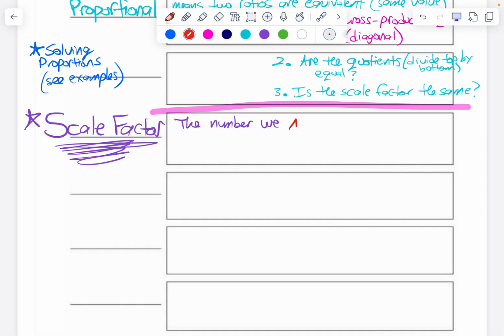Okay, so I'm writing this in red because it's pretty important.